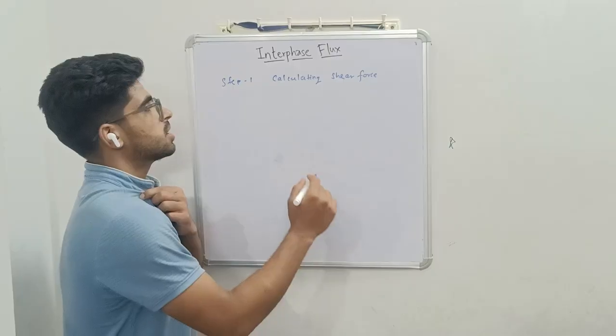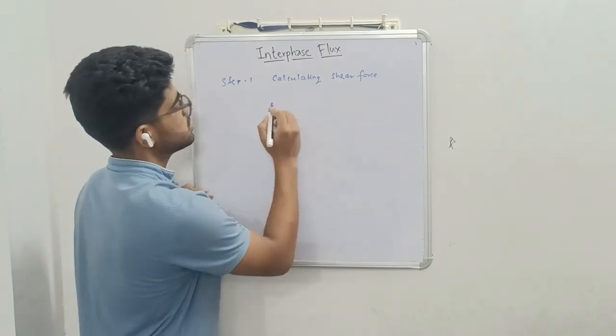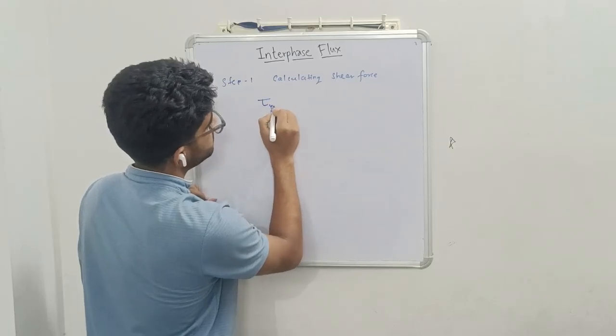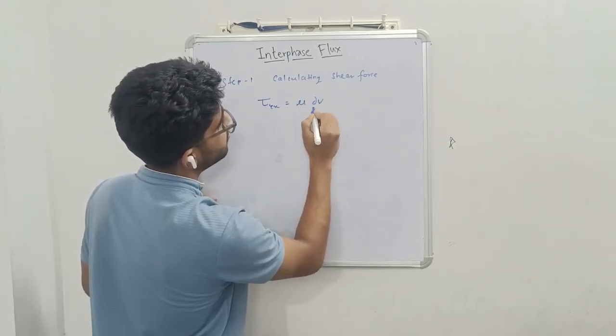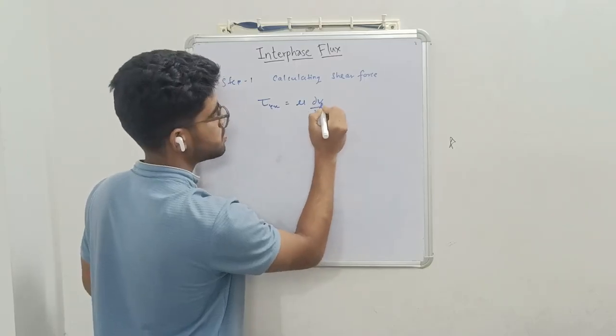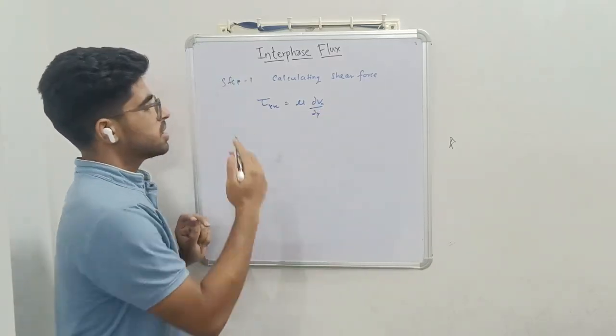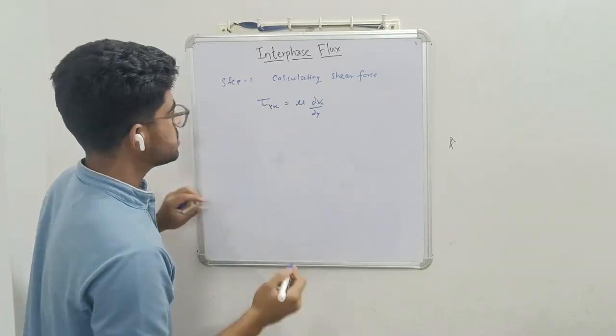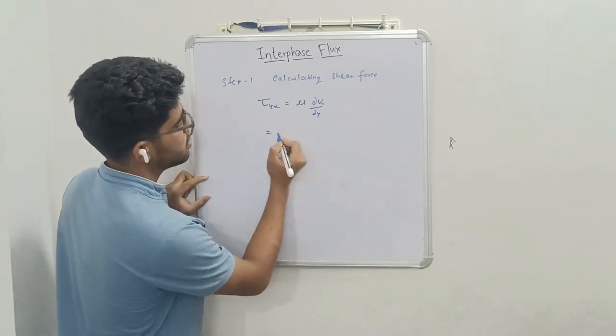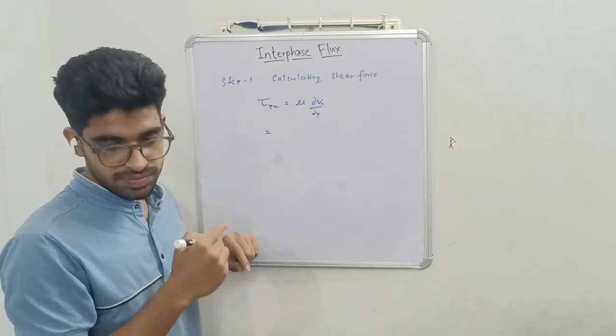So calculating the shear stress, tau yx equals mu dv upon dy. This is our basic formula of shear stress. Now we are putting the values. We are taking the values from the given data.